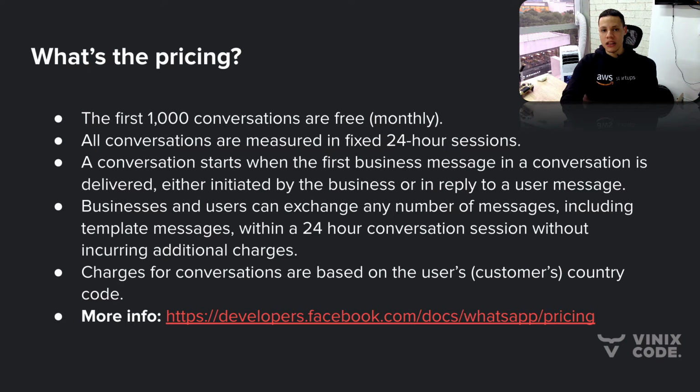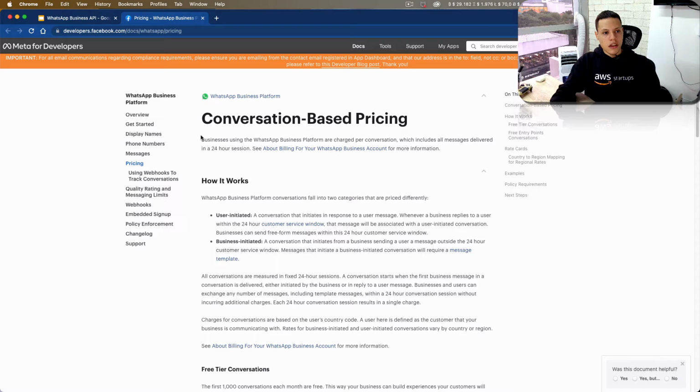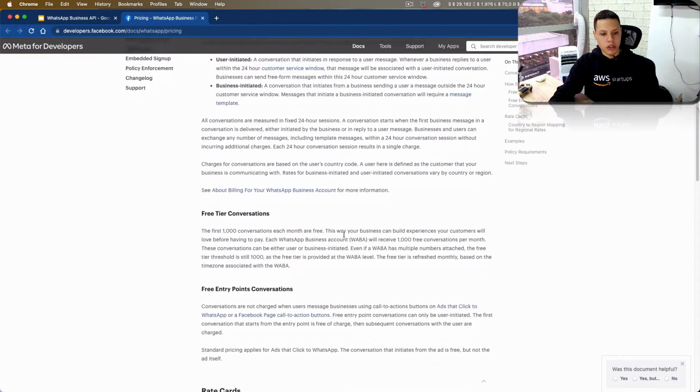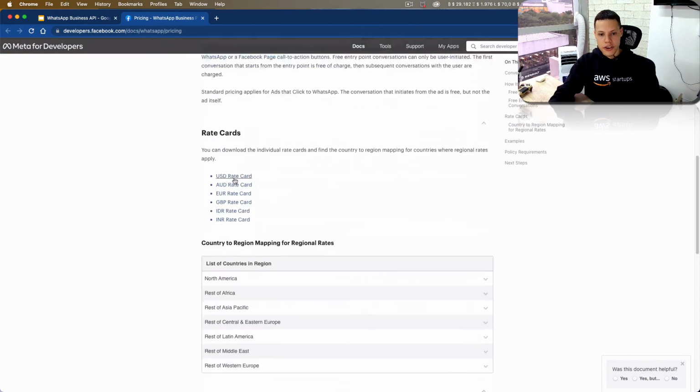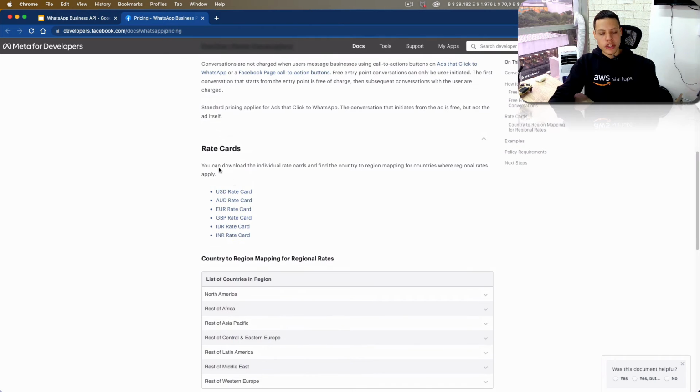And let's actually take a look at the different prices that you will have to pay if you exceed the 1,000 conversation limit. Okay, so I'm on this page that you're seeing here, and they have a lot of useful information, but in this case we're going to focus on the rates, and I'm actually interested in the US dollar rates.